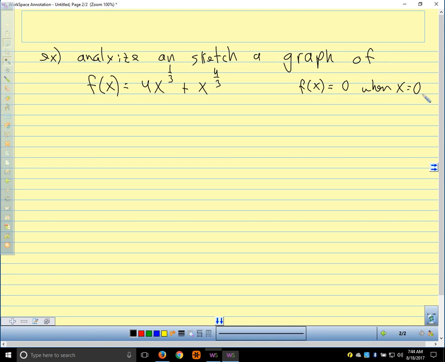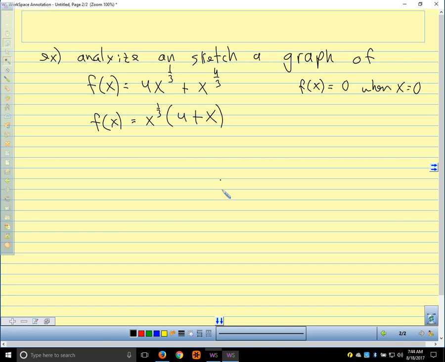I love that word, it's a great word. Factor. Let's factor f of x. Now, when we start taking derivatives, I'm going to take the derivative of this, I don't want to take the derivative of the factored one. So I'm going to factor this as x to the 1/3 times (4 plus x).